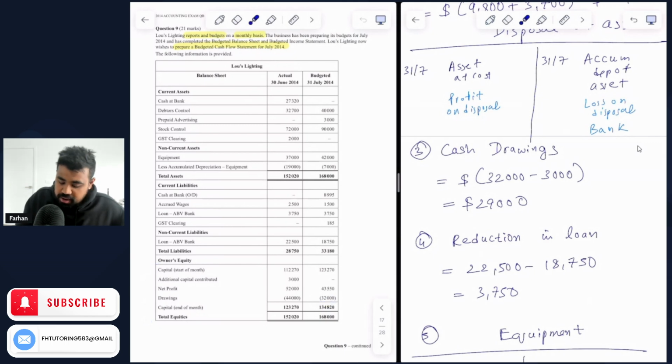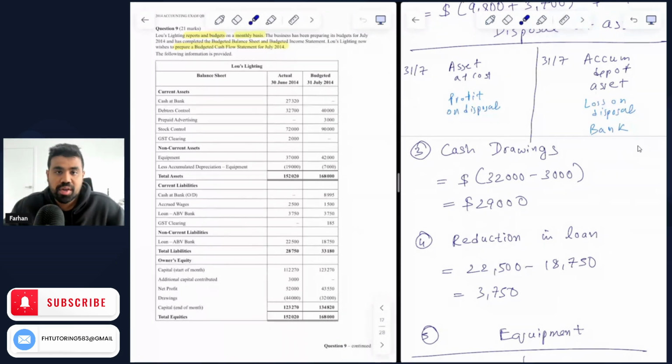What I'm trying to say is that if the total drawings is $32,000 and we know that stock drawings is $3,000, then the cash drawings would be the difference between $32,000 and $3,000, which is $29,000. Does that make sense? So the total drawings is $32,000, inventory drawings is $3,000. Therefore, cash drawings should be $29,000.